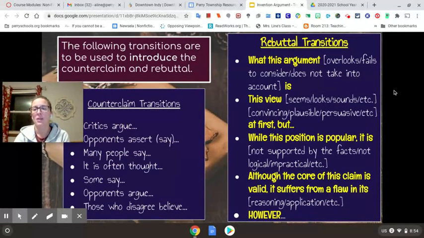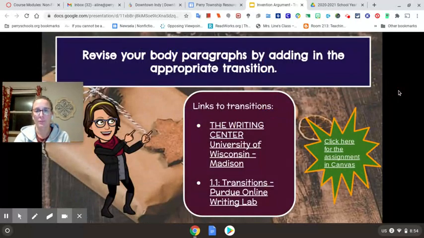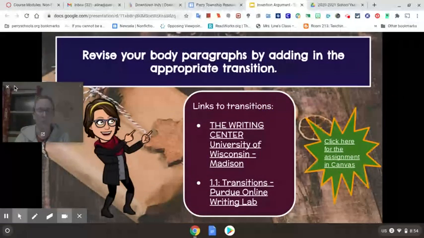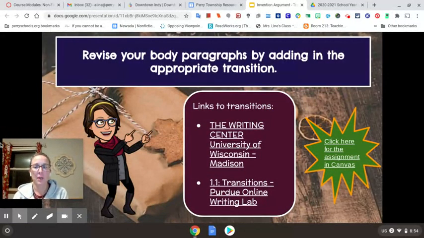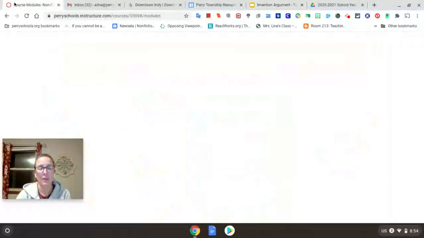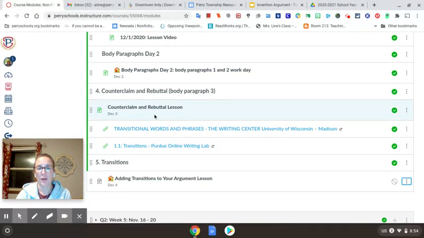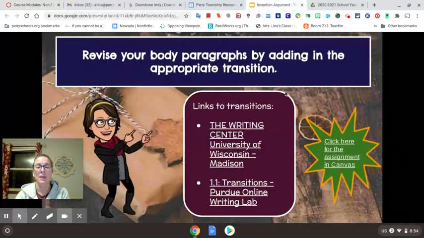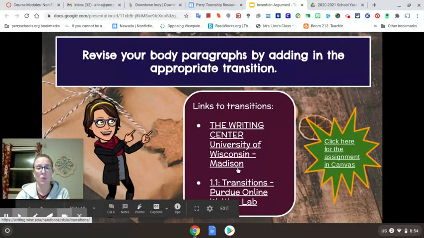All right, so your job today is to revise your body paragraphs by adding in the appropriate transition. Okay, the links that I have in the module, I'll show it to you real quick here. So when we're in the module, I've got those links here under that counterclaim and rebuttal body paragraphs. Okay, remember I introduced those yesterday. Those same links to those same websites are there.